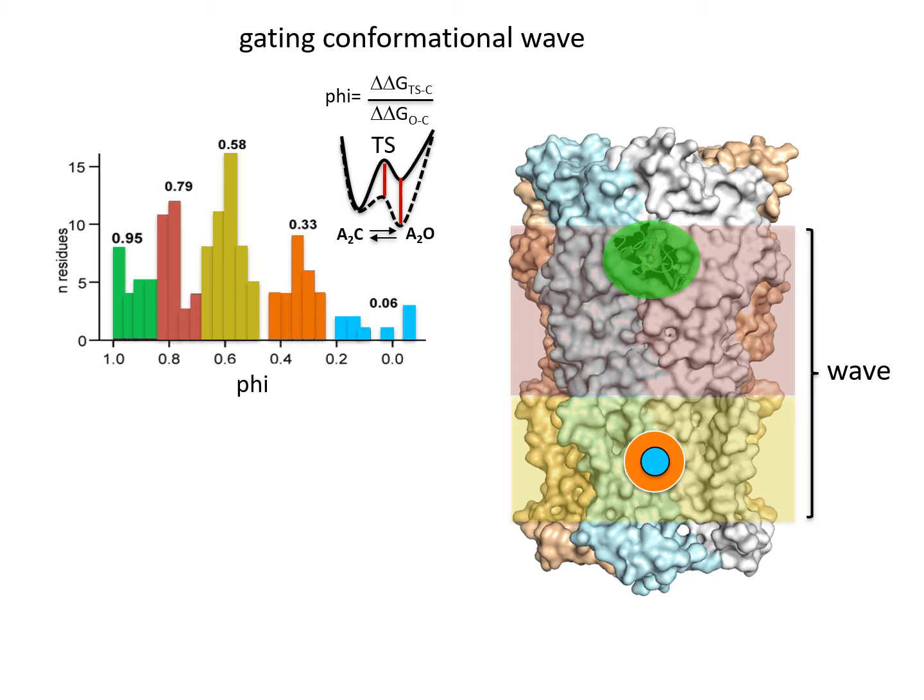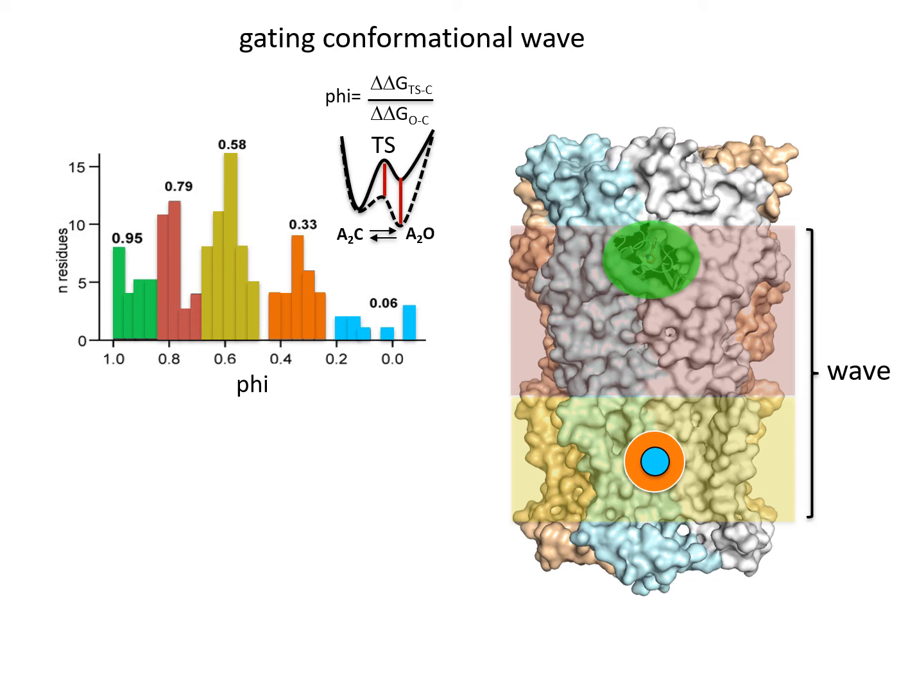If you go in the area around the gate, you get low phi values of about 0.3. And if you go exactly at the gate, which is the 9' residue of M2, you get a very low phi, which is 0.06. So we see 5 different populations that are located spatially.